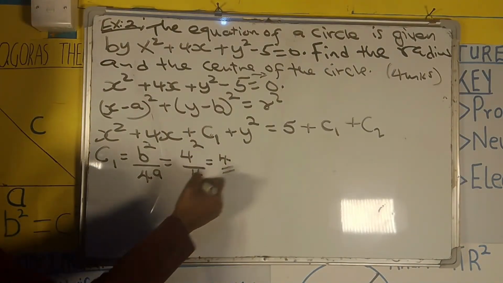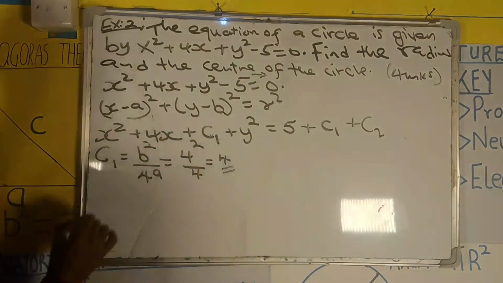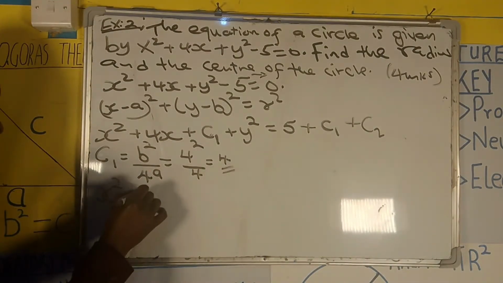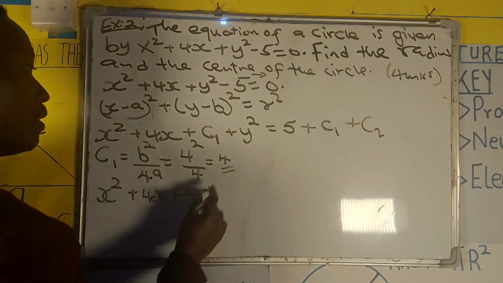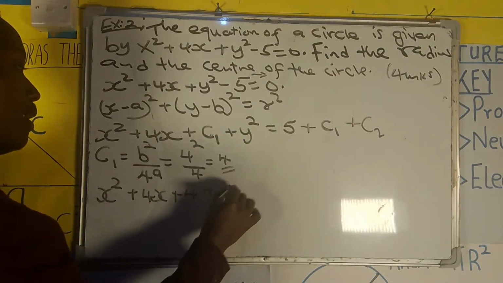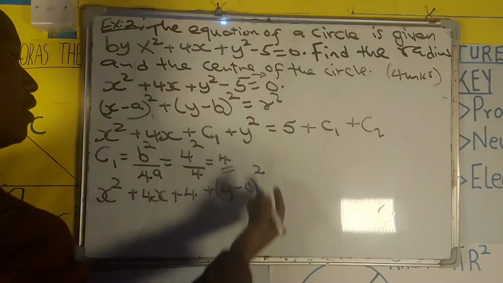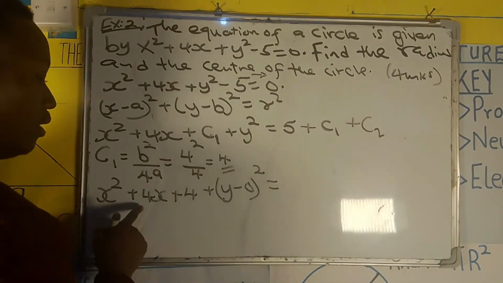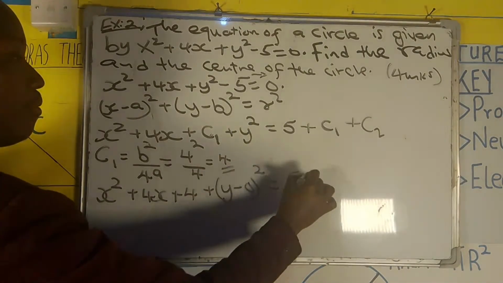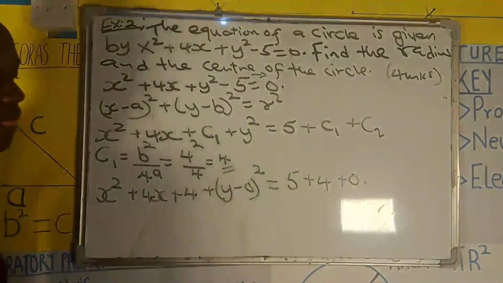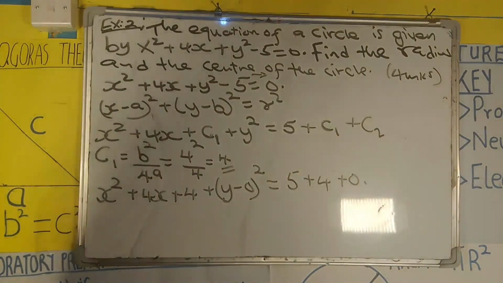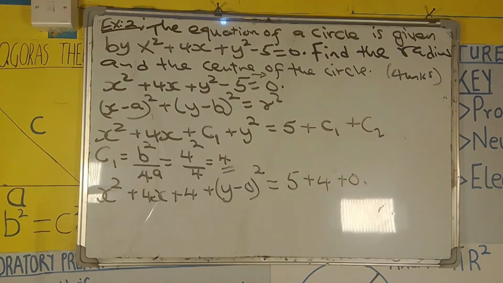So it will be x squared plus 4x plus 4 plus y minus 0 squared, which is equivalent to 5 plus 4 plus 0.